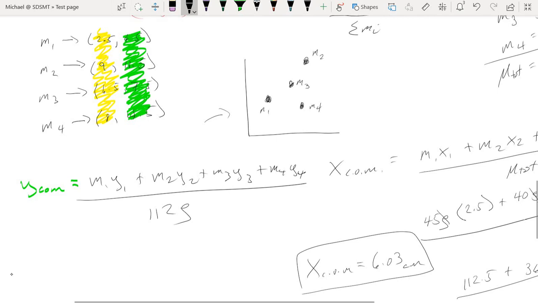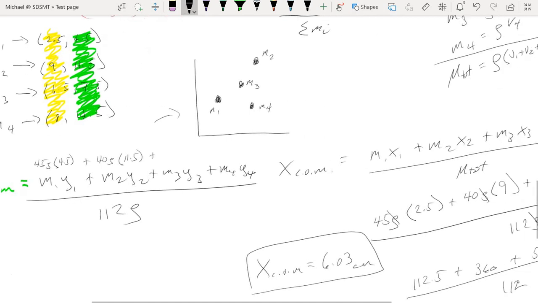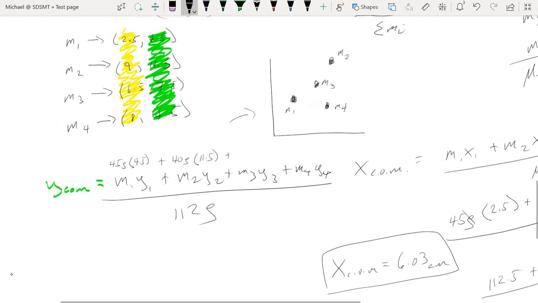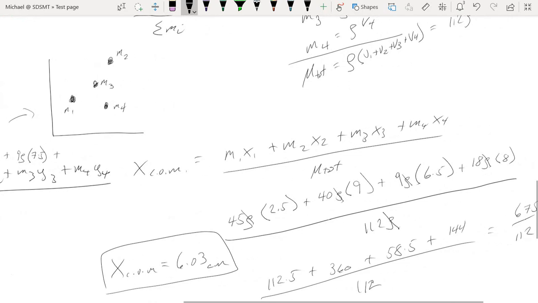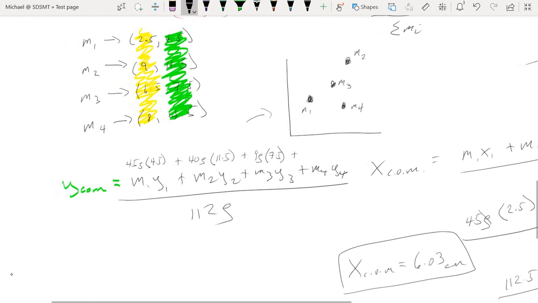So m1 was the 45 rho, y1 is 4.5, m2 was 40 rho, y2 is 11.5, m3 is 9 rho, y3 is 7.5, and m4 was 18 rho, 4.5.